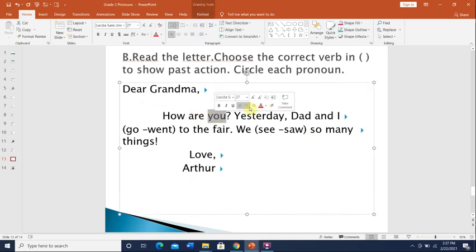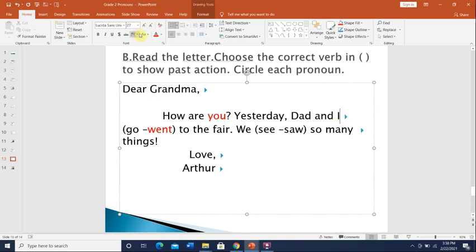Okay, dear Grandma, how are you? You is a pronoun when you talk to the person in front of you. Yesterday, Dad and I went. Which one is the verb in the past? Went. Okay, let's go back to the sentence. Yesterday, Dad and I went to the fair. Where's the pronoun here? You will circle I. I is a pronoun, right?